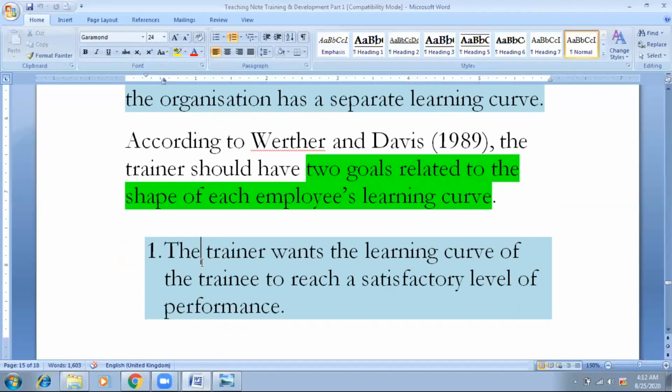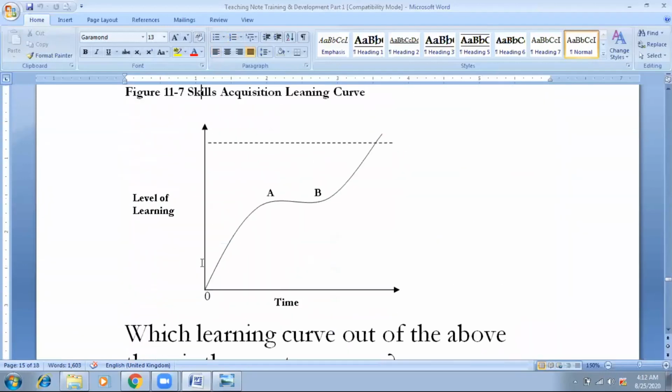The trainer, or the relevant manager or human resource manager in charge of training a particular employee, is supposed to get the learning of the trainee to this point.